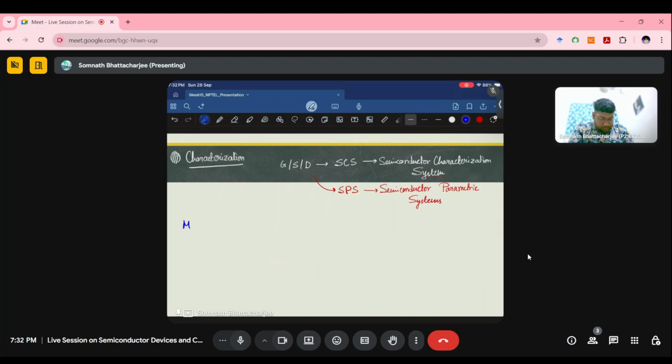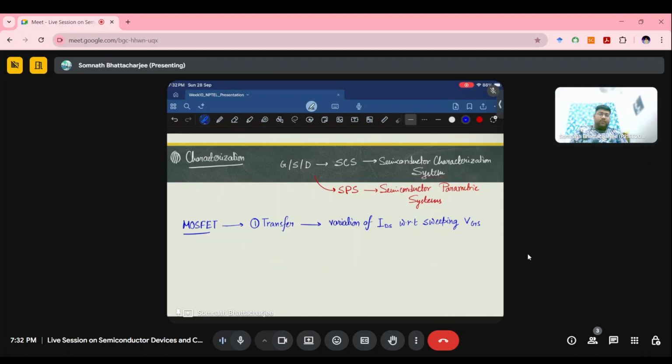For a MOSFET, we generally get only three kinds of characteristics. The first one is the transfer characteristic, that is the variation of IDS with respect to sweeping VGS.